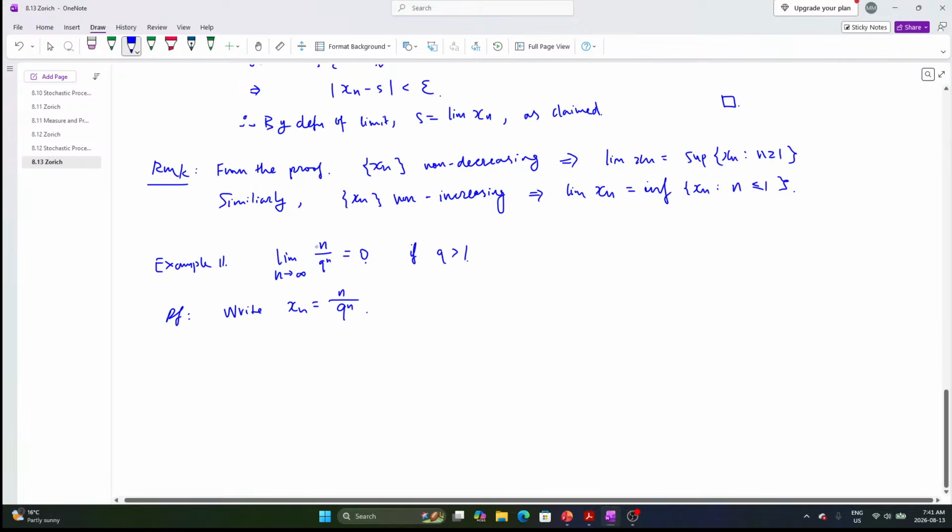So you want to see the overall trend. The intuition is that q to the n grows faster than n eventually. So if q is barely greater than 1, initially the exponential function may start out slow, but eventually will surpass the linear growth.